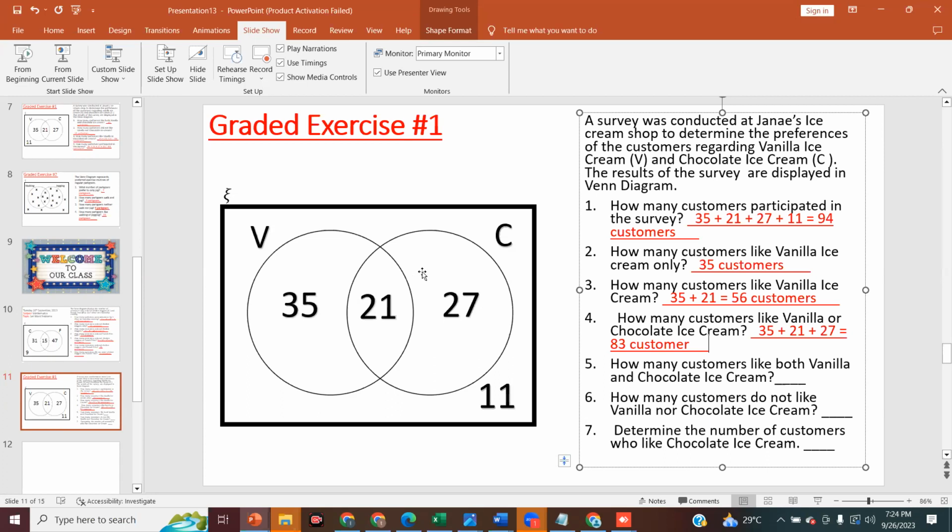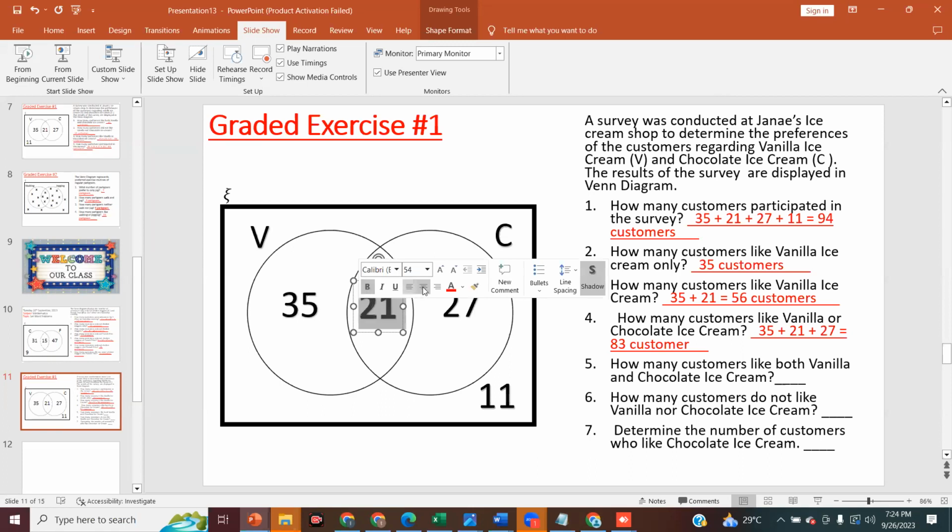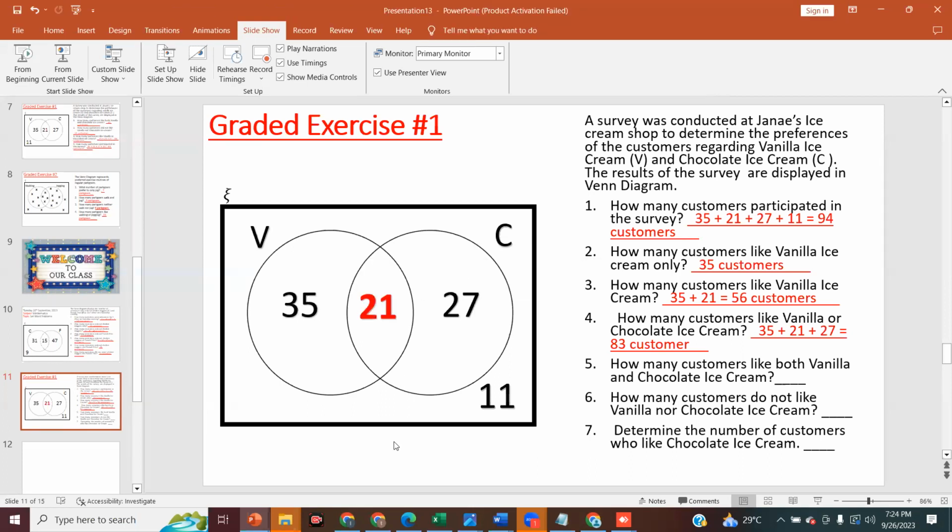They say how many customers like both vanilla and chocolate ice cream? Why would you add them? They're just referring to 21. You understand what I'm saying? Because they say and. You understand me, Jeremiah? So change that answer and put 21.